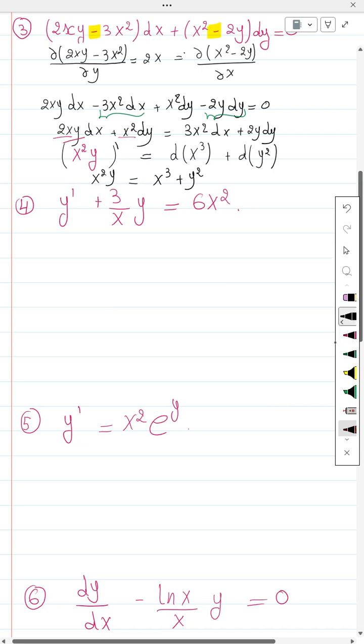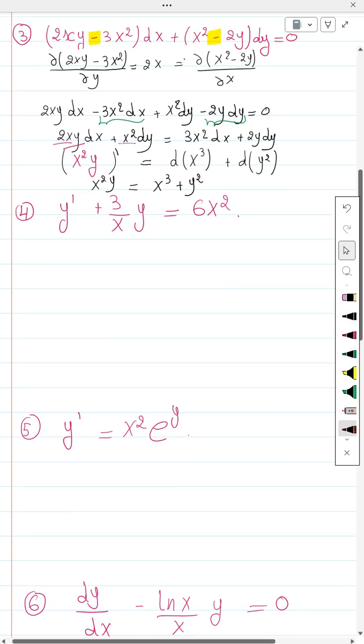And let's see the third example. As you can see here, y prime plus 3 over x times y equals 6x squared. It seems that it is a linear differential equation since it's written in the form that we have seen. So what should we do?